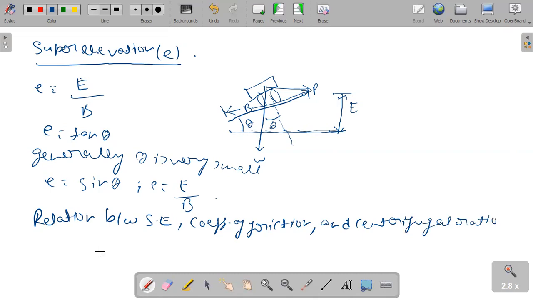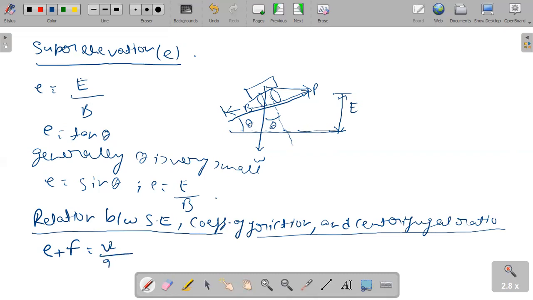For this we have one formula: e, which is super elevation, plus f, which is coefficient of friction, is equal to v square by gR, which is the value of centrifugal ratio, where v is in meter per second and R is in meter, obviously.